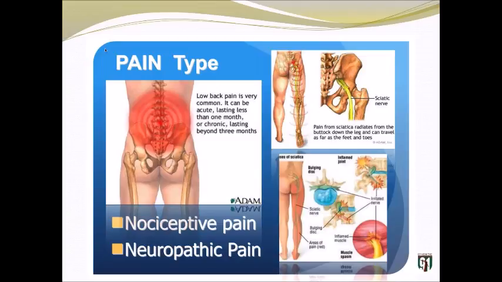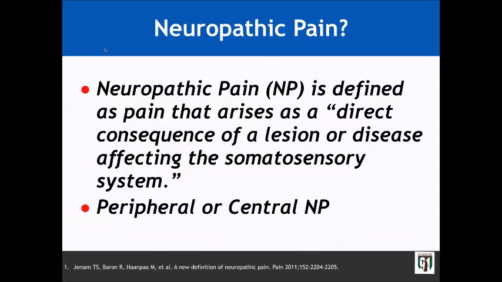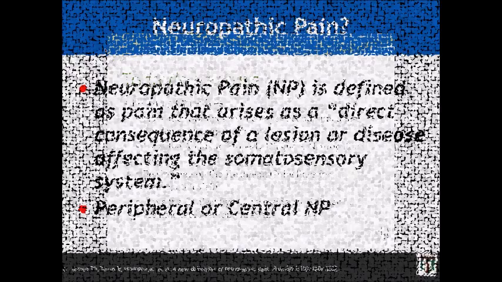So any pain dealing with a lesion to the nerve or any dysfunction of the nerve would cause such. So neuropathic pain is defined as pain that arises as a direct consequence of a lesion or disease affecting the somatosensory system. It could either be peripheral or central.